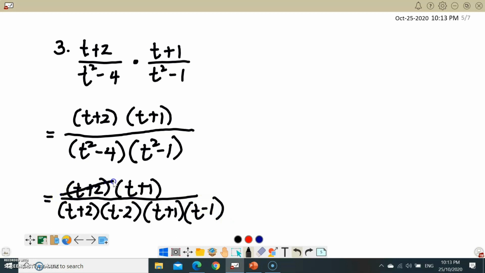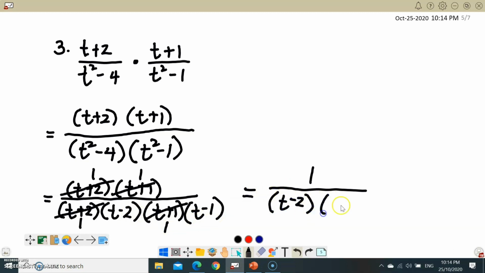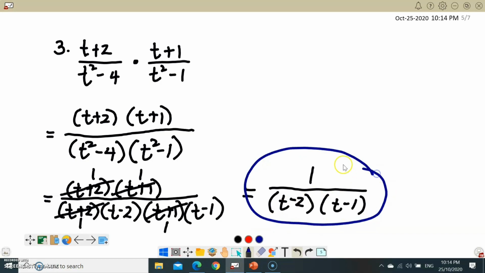So we cancel t plus 2 and t plus 2. The quotient is 1. T plus 1 and t plus 1. The quotient is 1. So we now have 1 times 1 is equal to 1 over 1 multiplied by t minus 2 times 1 multiplied by t minus 1 is equal to t minus 2 multiplied by t minus 1. And we now have the product.